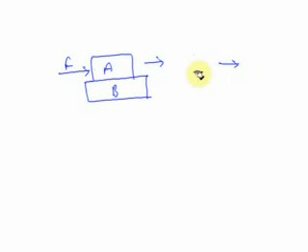So since block A and block B are in contact, the friction force will be applied on block A, and the direction of friction force will be such that it opposes the relative motion, that is the motion of block A relative to the contact, which is block B. So since block A is moving in the right hand direction, the friction force on block A will be in the left hand direction.